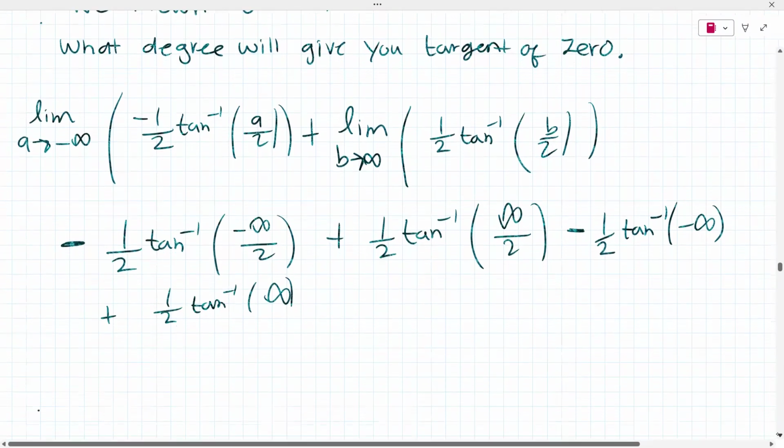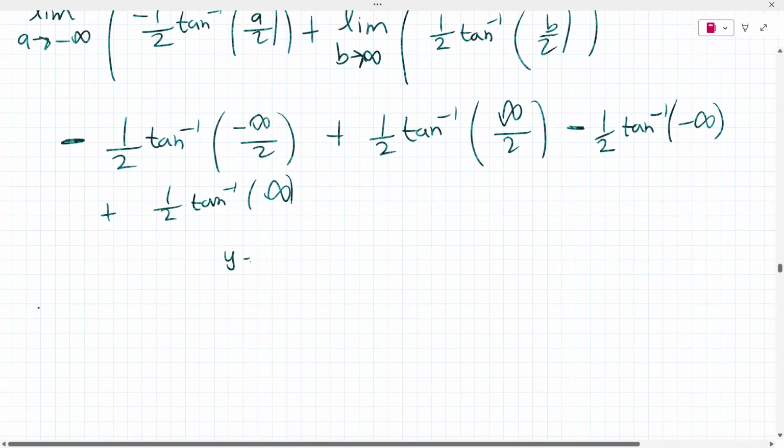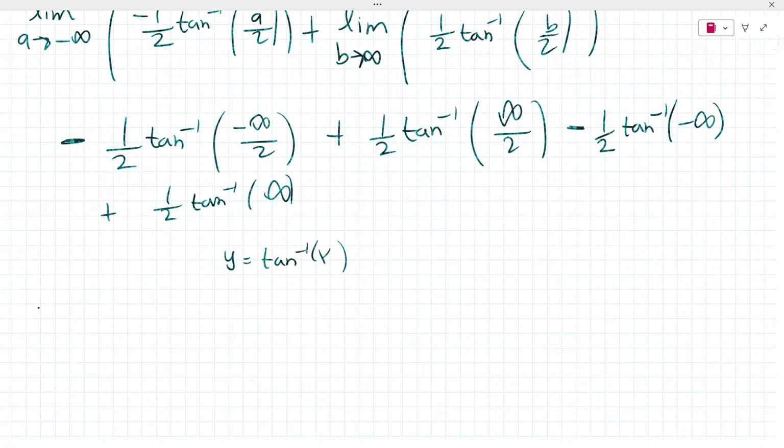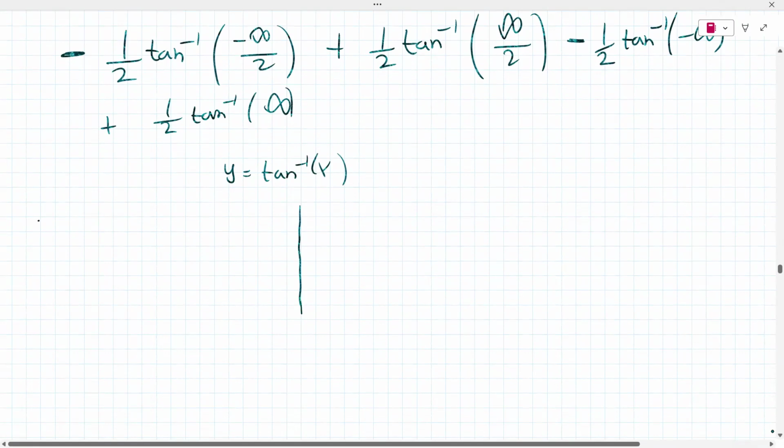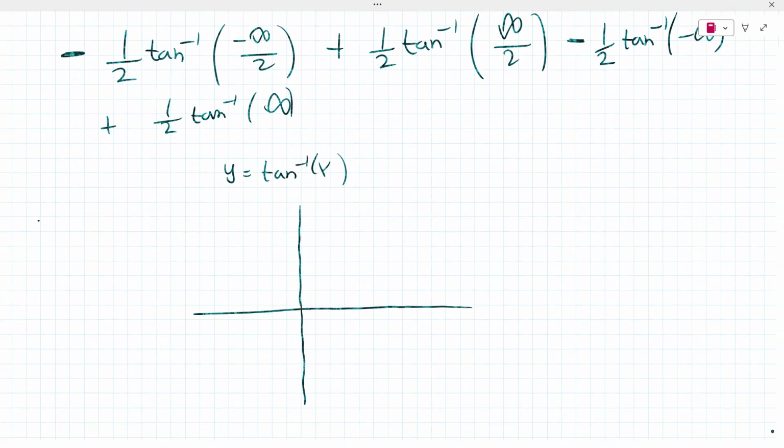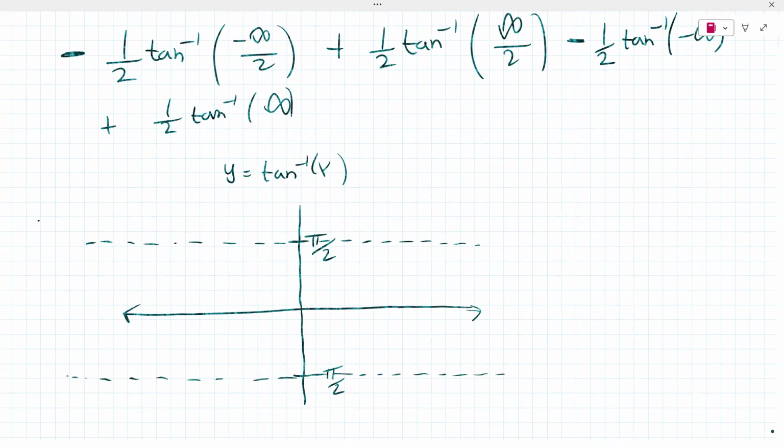And if you recall, what is the graph of tan inverse? We would do something like this. Okay, so this is going to help with this.